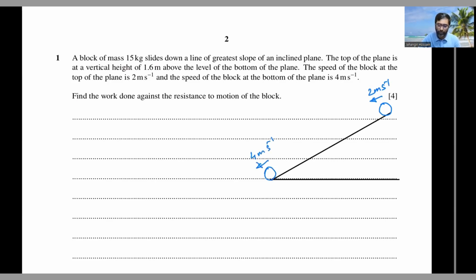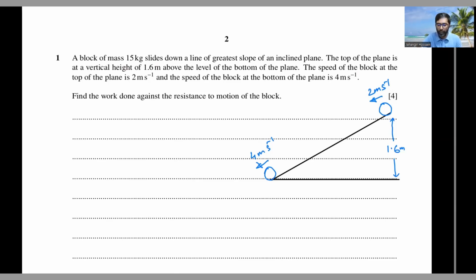The distance it moves along the plane is not given, rather the height of the top of the plane above the bottom is given. So what are the changes occurring here? You see, there is an increase in kinetic energy, a gravitational potential energy loss, and there is work against resistance.